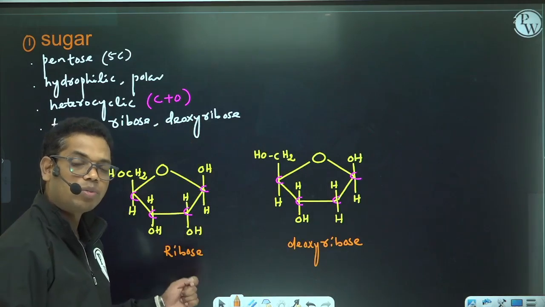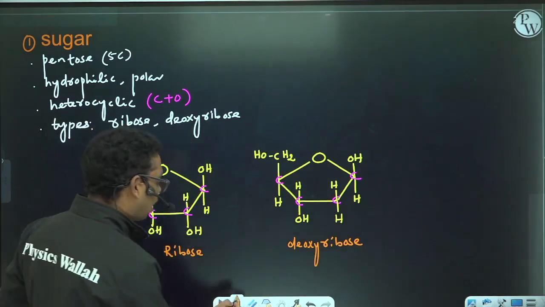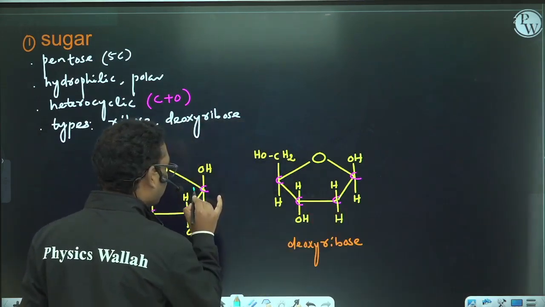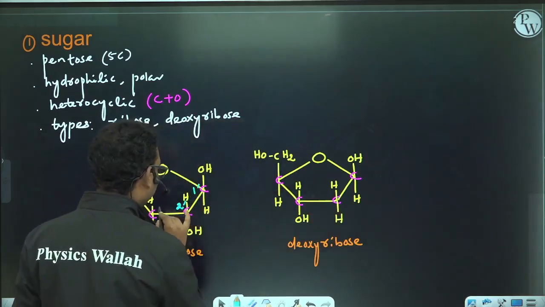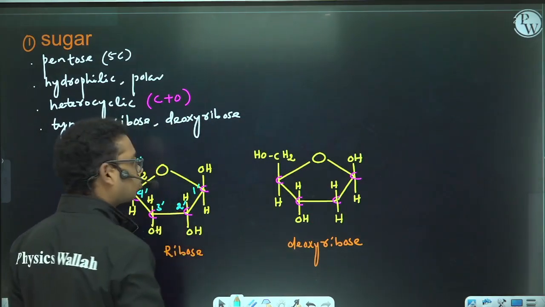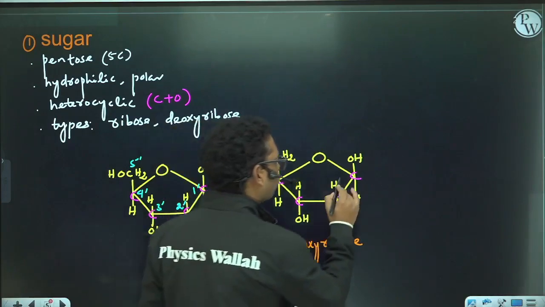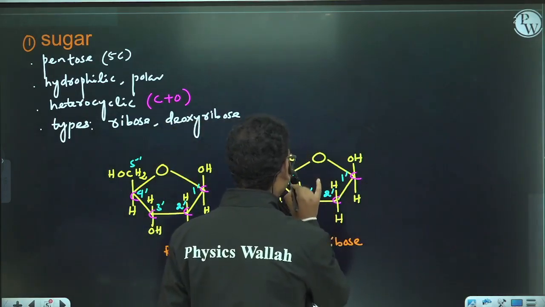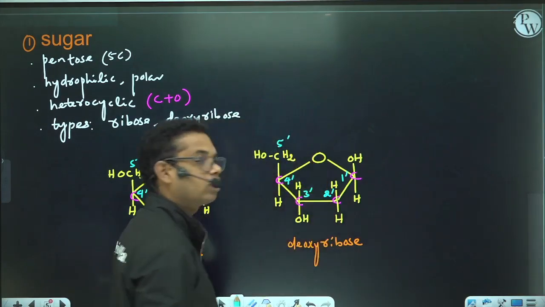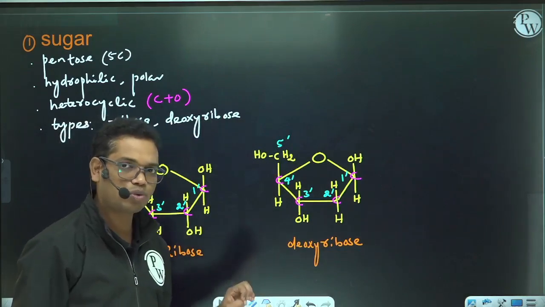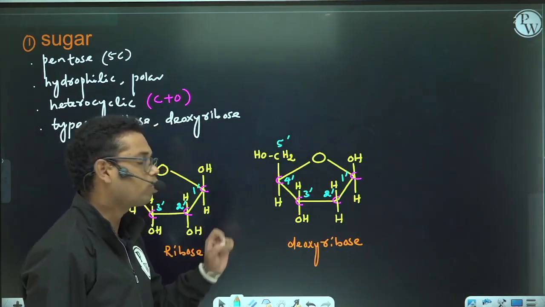So what about the numbering of these carbons? The carbons are numbered like this. Here the carbon is numbered as 1 prime, this is 2 prime carbon, this is 3 prime carbon, this is 4 prime carbon, and this is 5 prime carbon. Here also this will be 1 prime carbon, 2 prime carbon, 3 prime carbon, 4 prime carbon, and this is 5 prime carbon. Clear? So the difference between ribose and deoxyribose sugar lies at the 2 prime carbon.